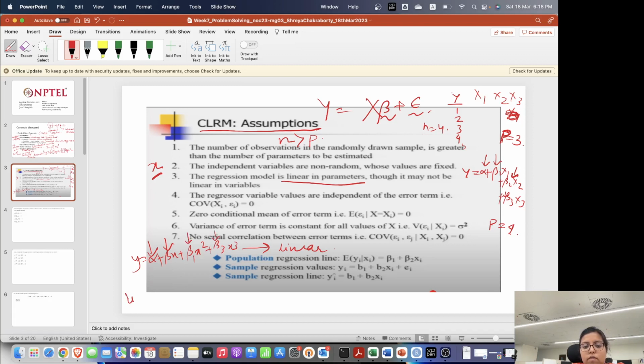But suppose we have something like y equal to e to the power alpha plus beta x plus beta 1 square y, then this is a non-linear model because this is not linear in parameters, this is not linear in beta 1. Okay, is the difference clear?